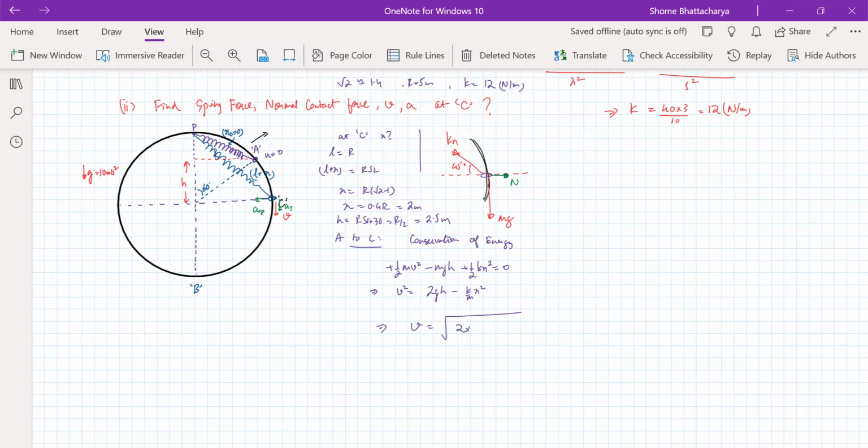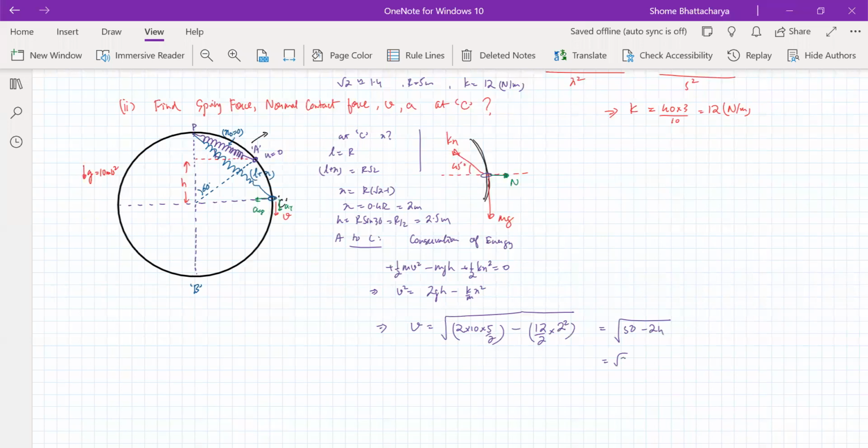So 2 into 10 into 5 by 2 minus k was 12, m was 2, into x is how much now? x is 2 meters, right? So 2 square. Getting v as square root of 50 minus 24.